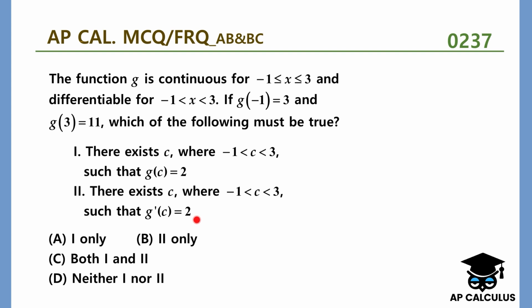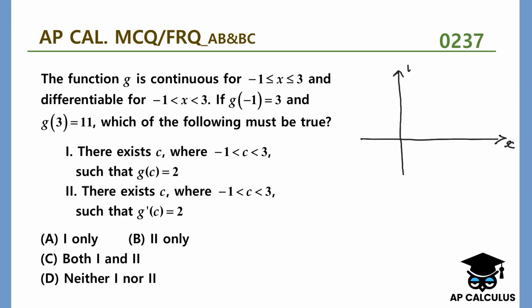So let's think about this graph, the graph of the function g. G of -1 is equal to 3 and g of 3 is equal to 11, right? So we could have here's x-axis, here's y-axis. When x is -1, y is equal to 3.